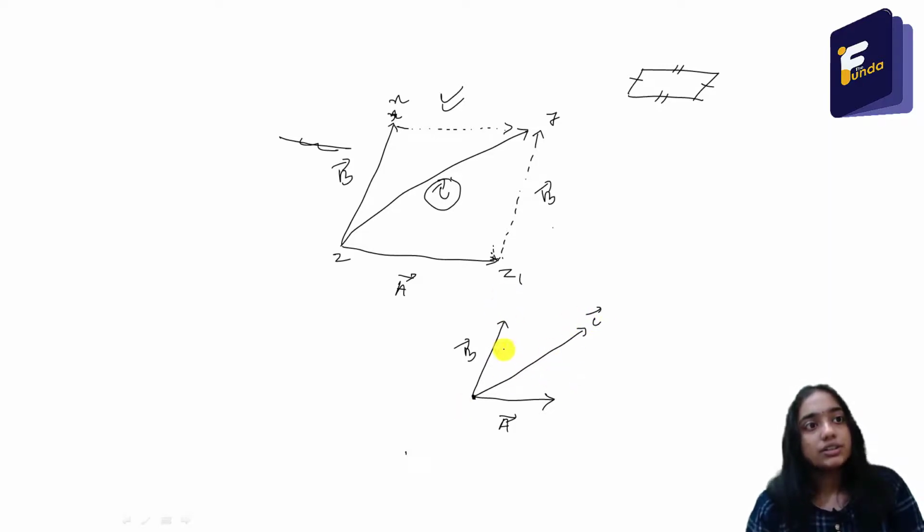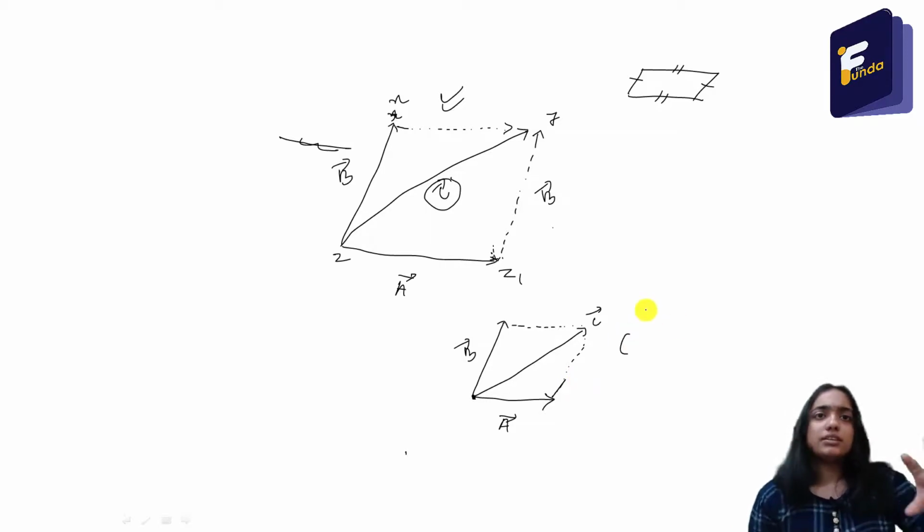How have I got this? I have just shifted B and brought it here. I have shifted A and brought it here, and C vector is just the diagonal of this imaginary parallelogram that I am forming. Okay, this is the parallelogram law of vector addition. Simple.